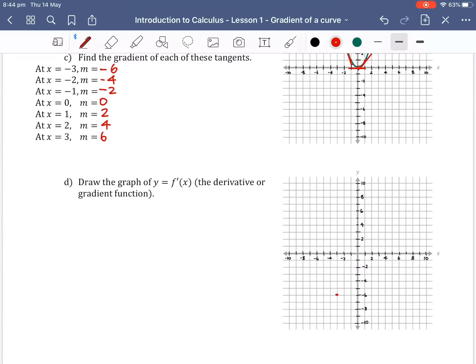We have x equals -2, -4, we have -1, -2, we have 0, 0, we have 1, 2, 2, 4, and 3, 6. So that is our straight line that we have created that goes through all of our points. And so this is the function y equals f dash x. So it's our derivative and it's a linear function.